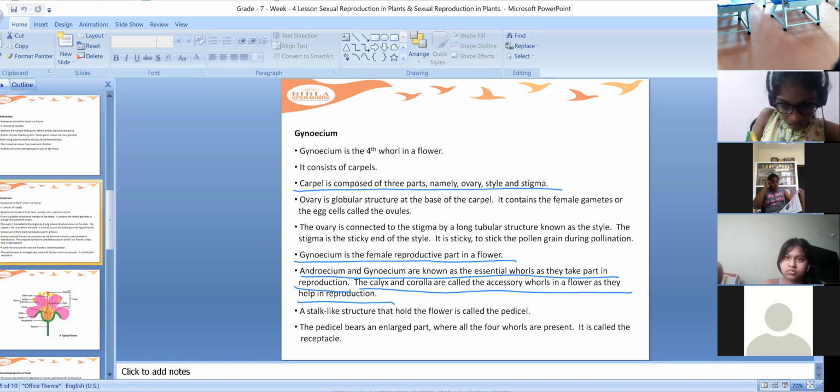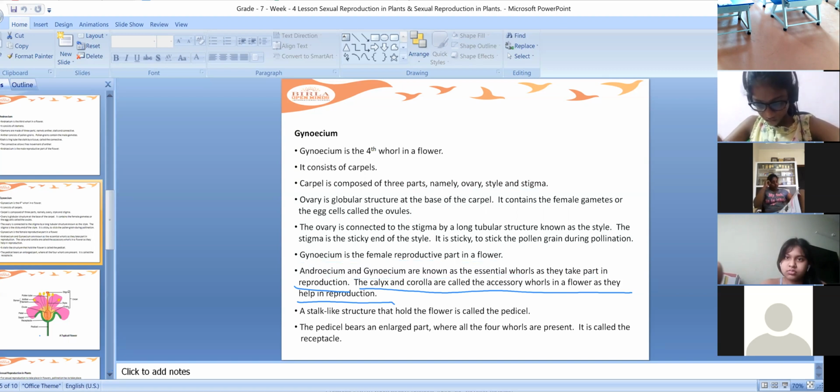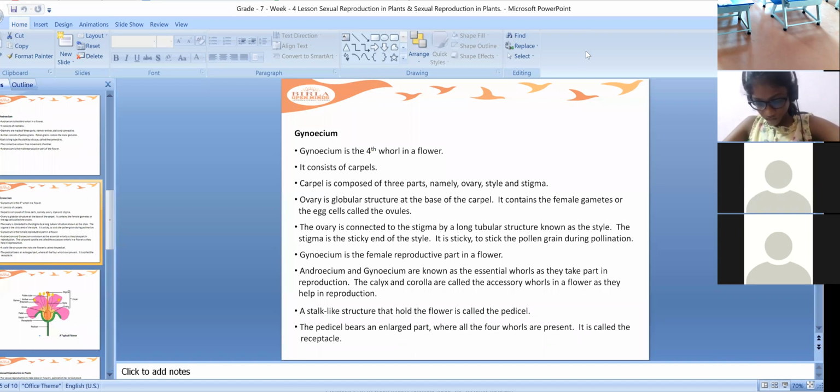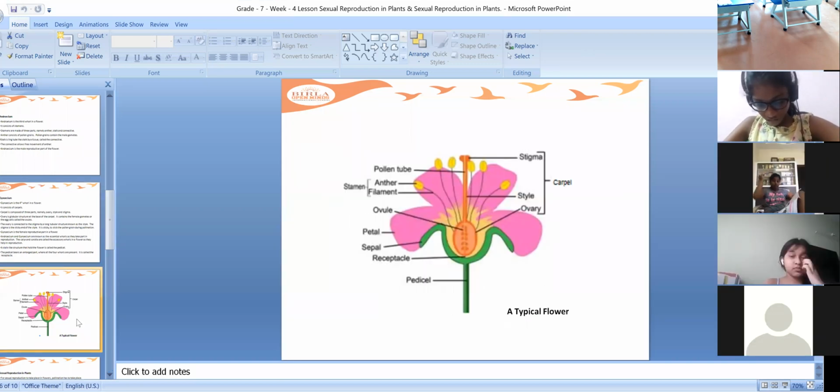A stalk-like structure that holds the flower together is called the pedicel. Once again, I'll just show it to you. Down here you can see the pedicel. It is a stalk-like structure. The pedicel bears the flower, the enlarged part of the flower.